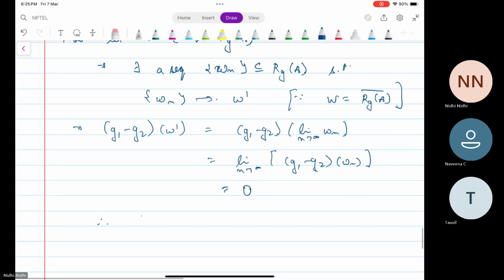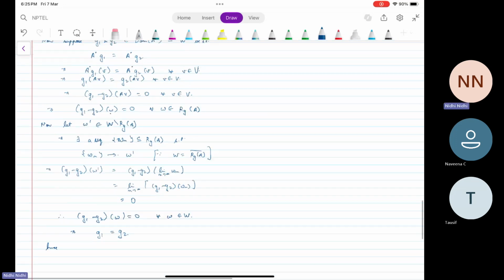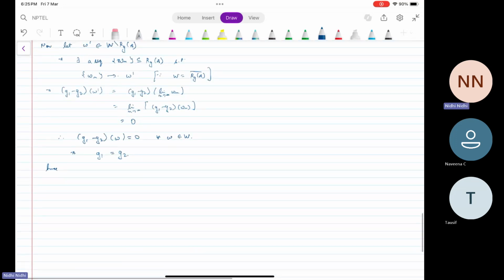Therefore, g1 minus g2 at w is equal to 0 for every w in W. This implies g1 is equal to g2. Hence, our A star is injective.